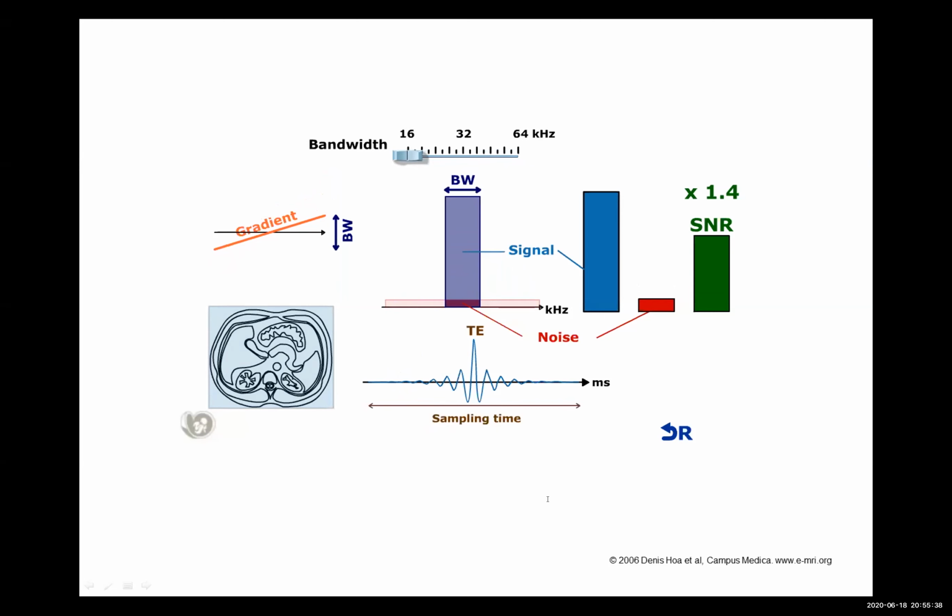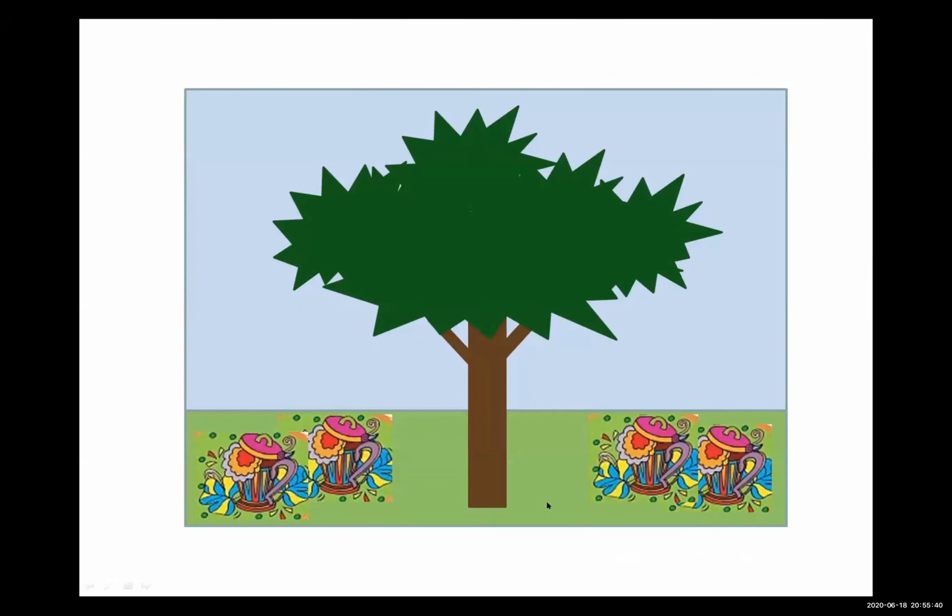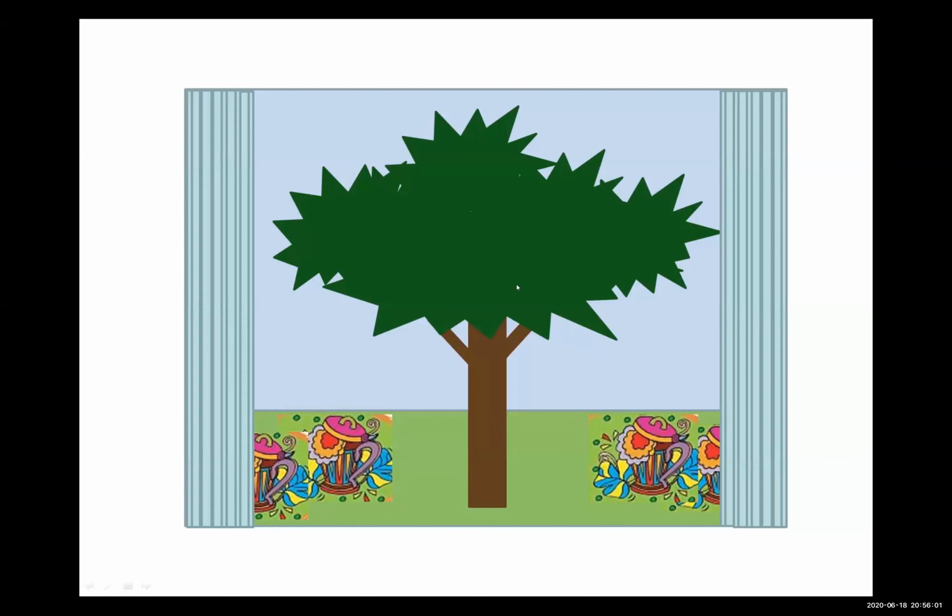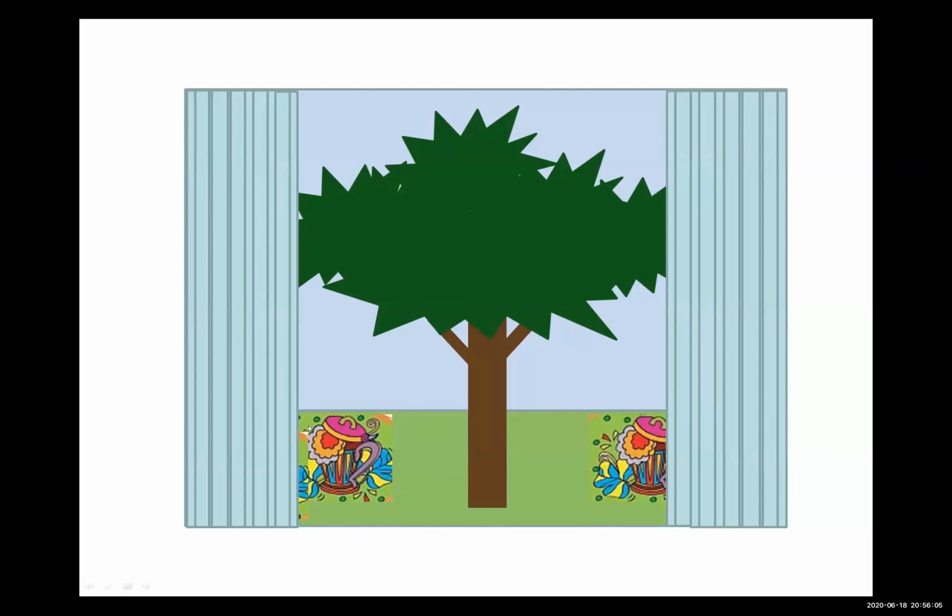To represent this, I just made a PowerPoint presentation, which is not a very good drawing. But as you can see, if you are in a room, for example, that has a tree outside, from your window you can see that tree, but unfortunately people are throwing their garbage around that tree, and you don't want to see this. So you decide to close your curtain. By closing your curtain, you cut the noise.